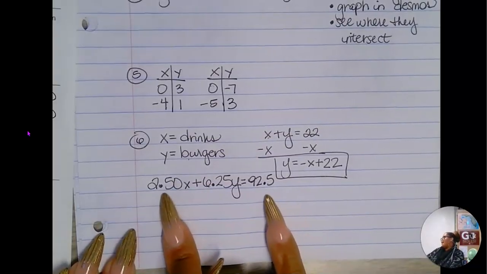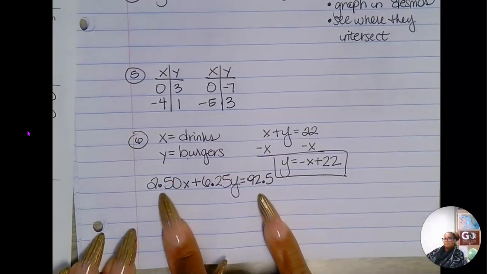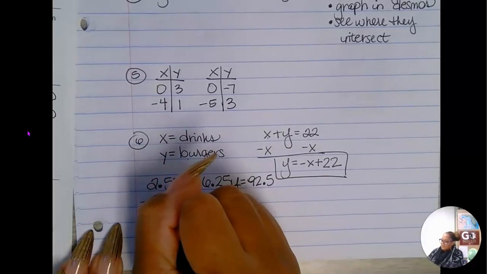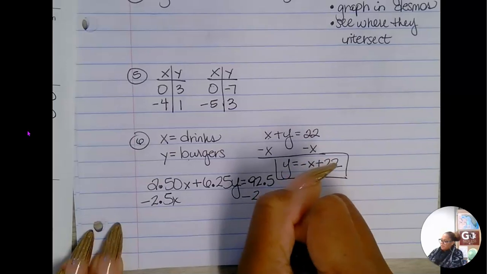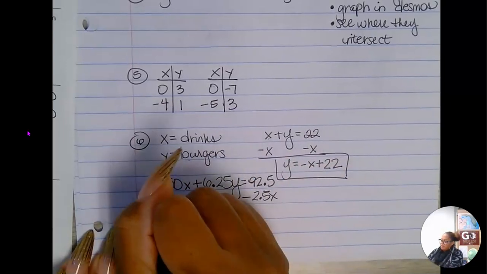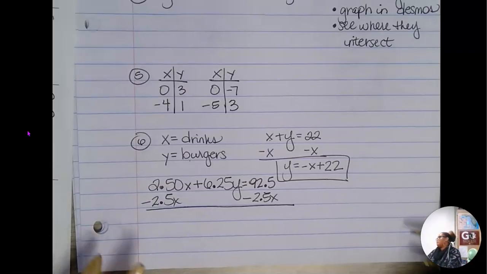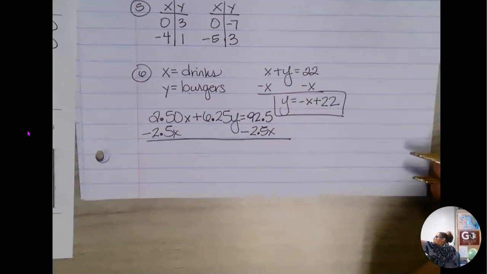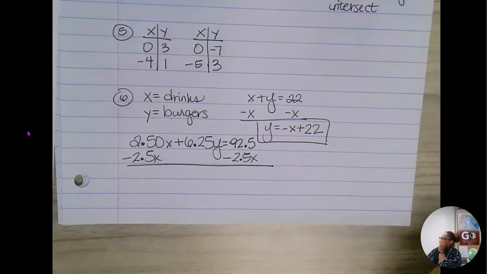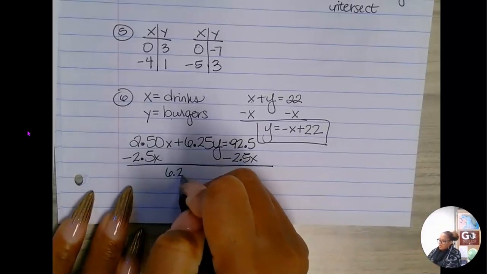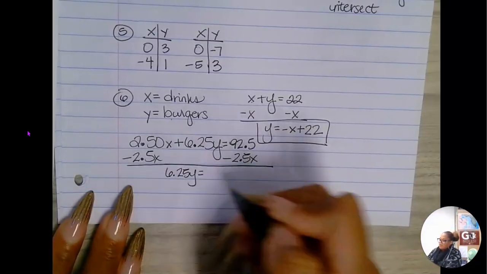How would I solve for Y here? Minus 2.50x, minus 2.50x. Who do I bring down? Good. 6 1/4. Y equals.